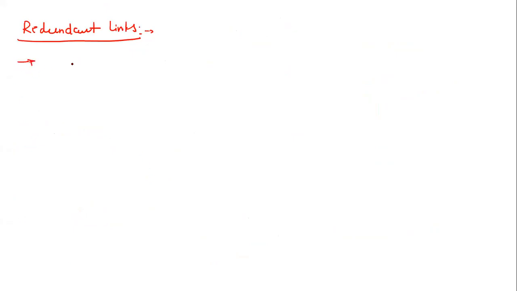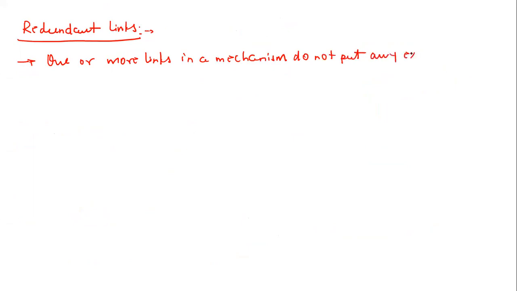So in this case, if one or more links in a mechanism do not put any extra constraint, then such a link is called a redundant link, right?